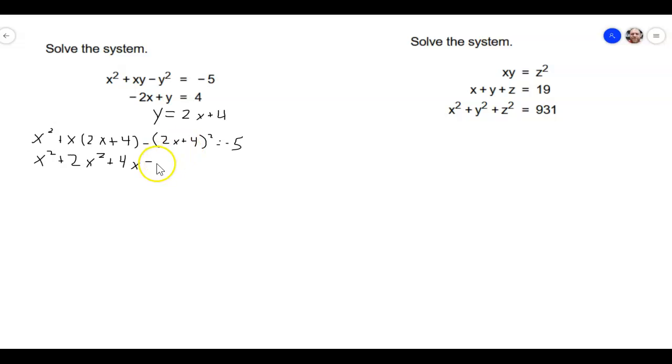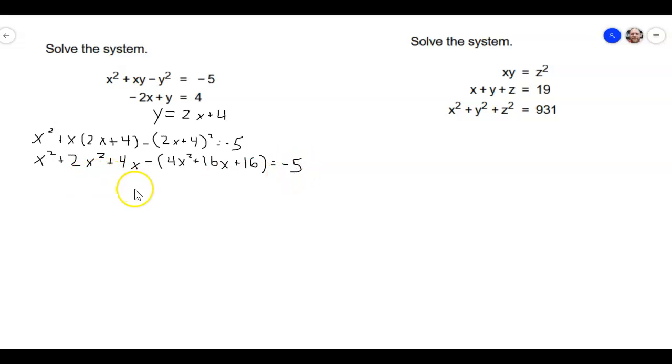So that's going to be minus 4x squared, and then the inner and outer terms, that's going to be plus 16x, because that's 8x plus 8x, and then plus 16 is equal to negative 5.